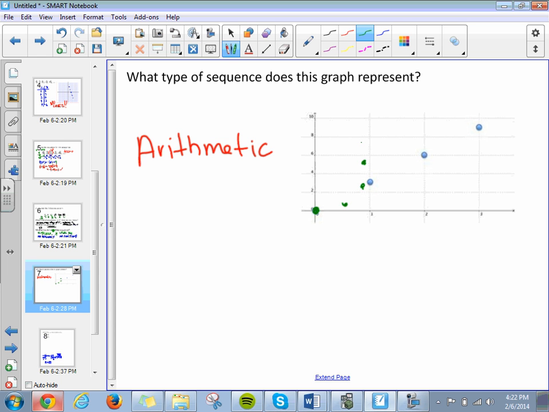An example of a geometric is it could even start at the same point, but then it would grow at a much faster rate. Or on the other hand, it would decrease at a very rapid rate. So it could start up here, and then it would decrease very quickly. If you see something that forms a straight line, we want to think arithmetic.